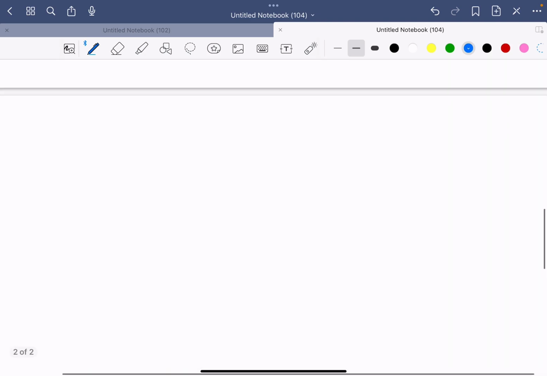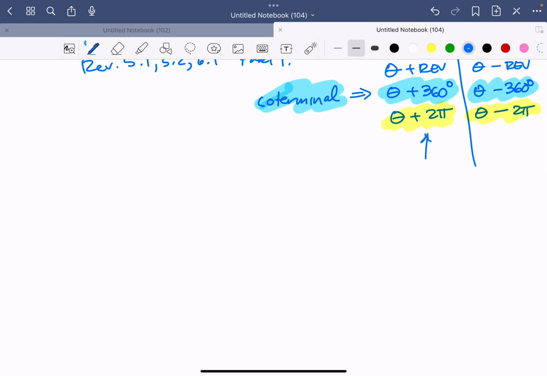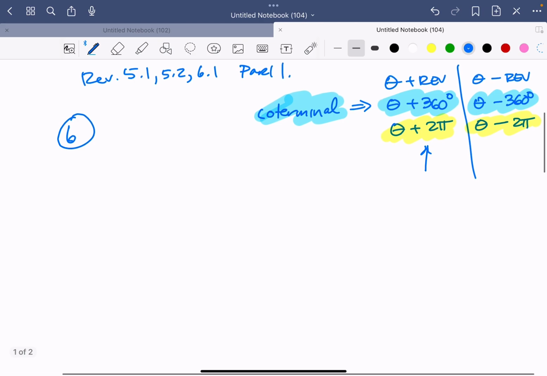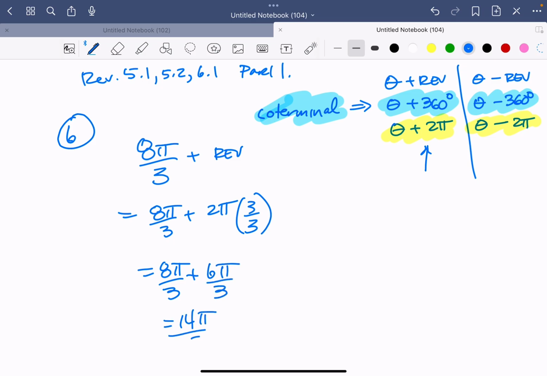Let's do number 6. Let's stay in the same place. So if I look at 6, using these same ideas of coterminal, if I have 8 pi over 3, again, I can add or subtract as many revolutions as I want. So in this case, if I add a revolution, I'm going to get 8 pi over 3 plus 2 pi. Well, again, if I hit it with 3 over 3, it's going to be 8 pi over 3 plus 6 pi over 3. One possible answer is 14 pi over 3. But then guess what?